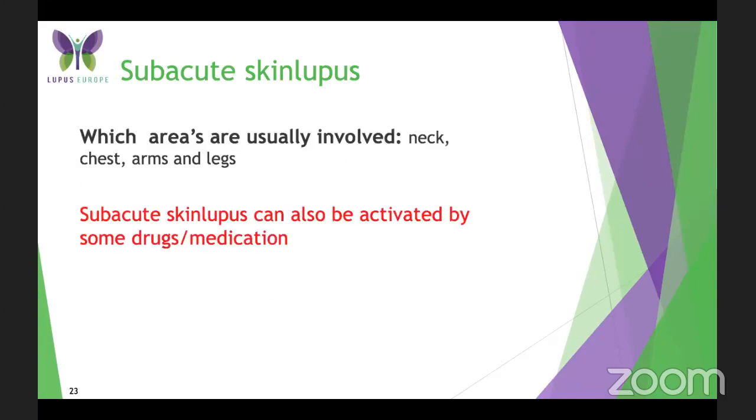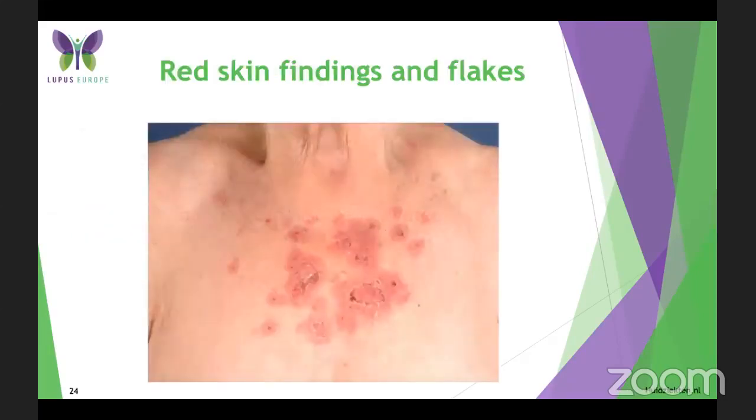So subacute skin lupus usually occurs in the face, neck, chest, and arm regions, and can also be activated by some drugs and medication that I will explain to you later on. Next slide, please. So this is one example of skin findings of a person with subacute skin lupus, in which you can see redness on the chest.